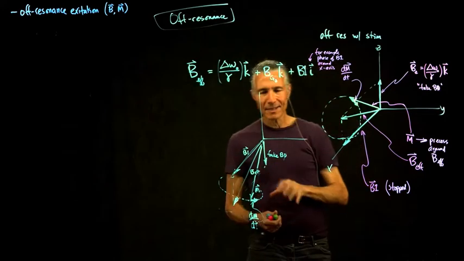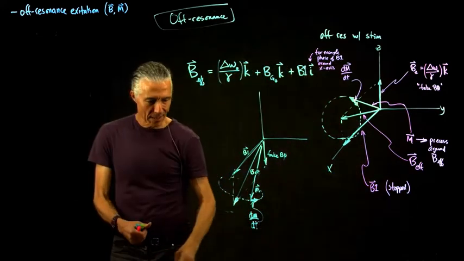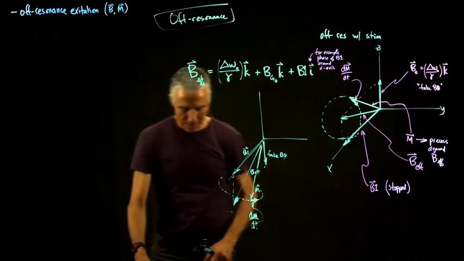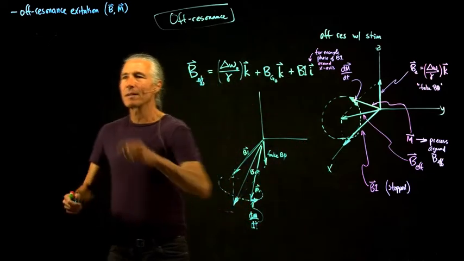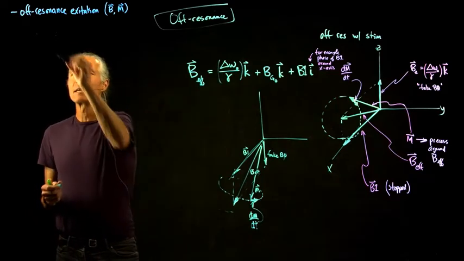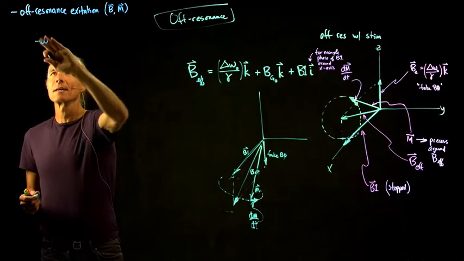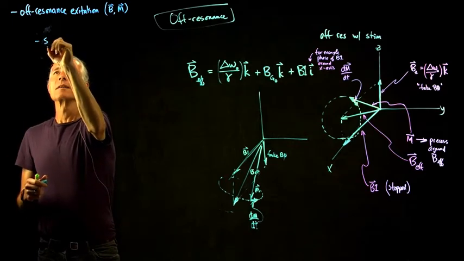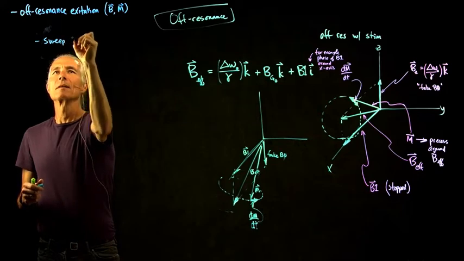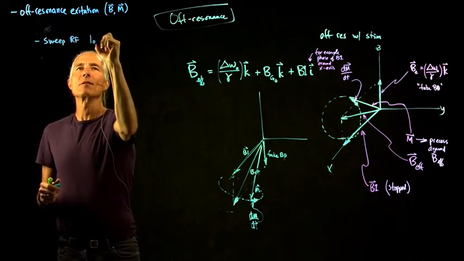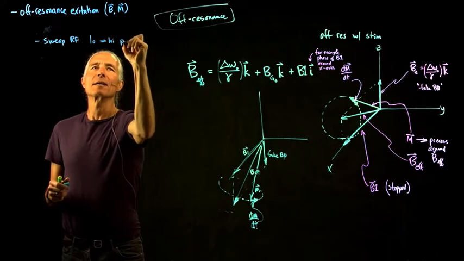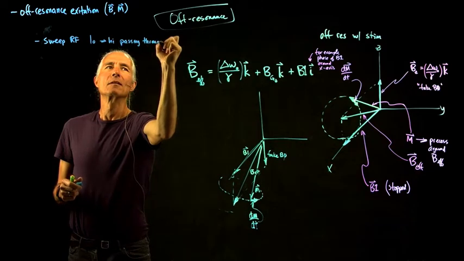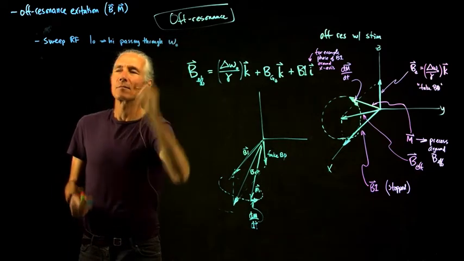But now you're beginning to see how you could possibly use this as a method of inverting the spins. The way you would do it is to sweep the RF, low to high, passing through the resonant frequency.